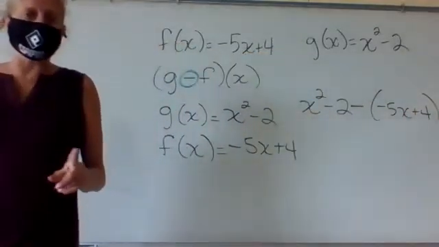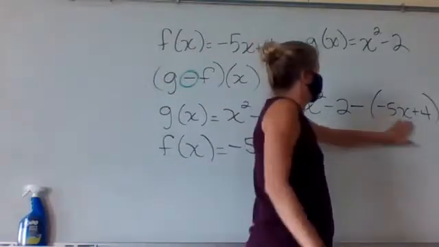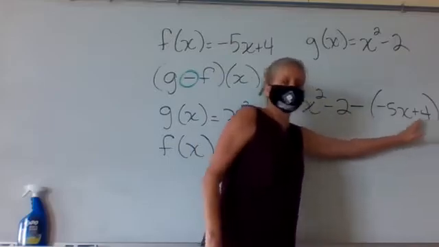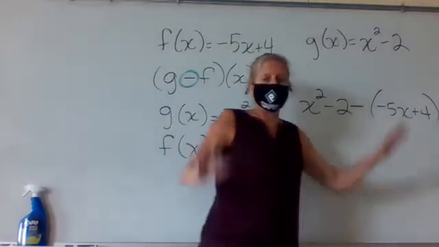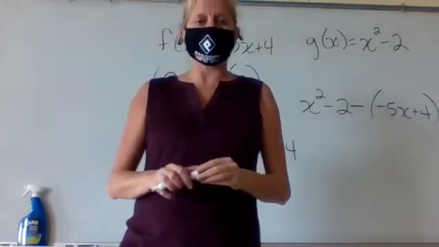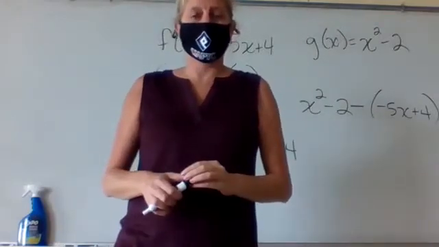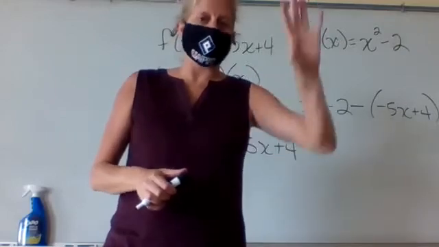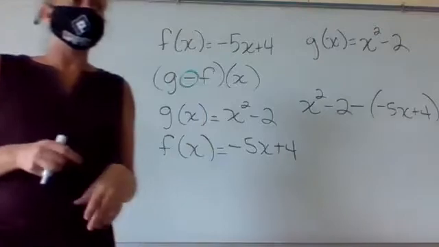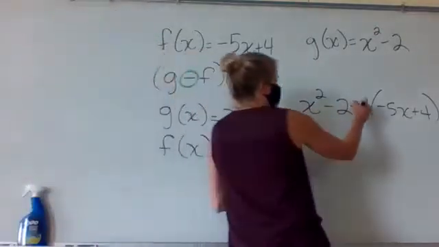Now, you'll notice I put parentheses around this second part, because if I'm subtracting the whole solution, I have to put parentheses around that whole solution. If not, I would just be subtracting the negative 5x. I don't want to subtract that. I want to subtract the negative 5x plus 4. So that's why the parentheses are necessary, because look what happens.